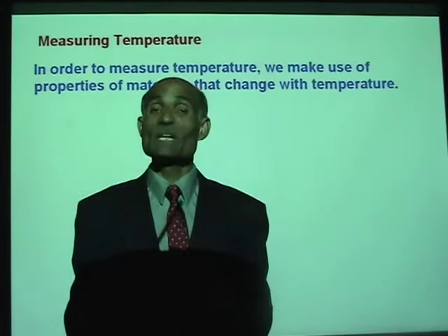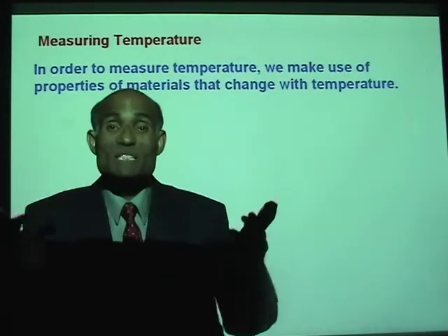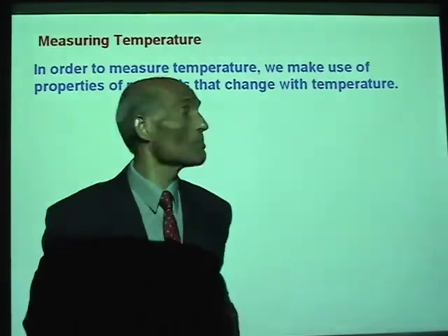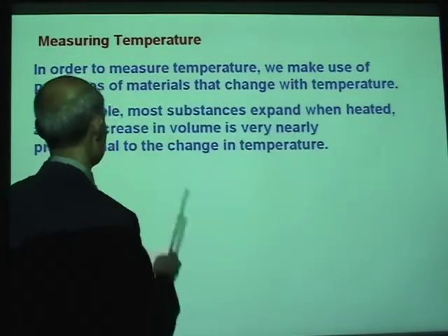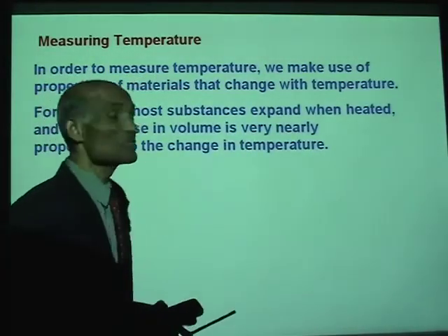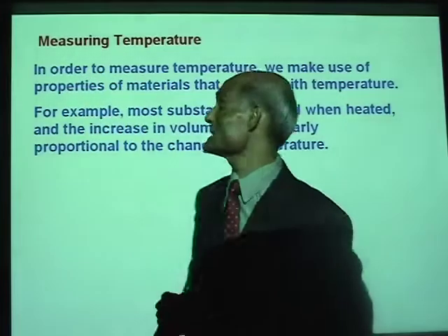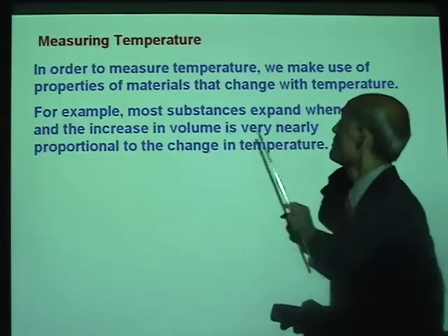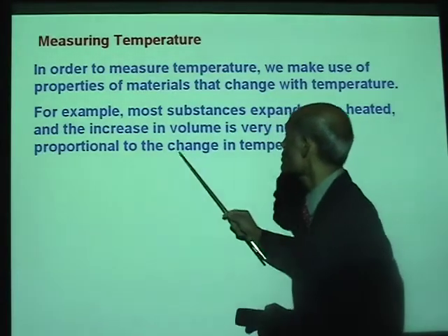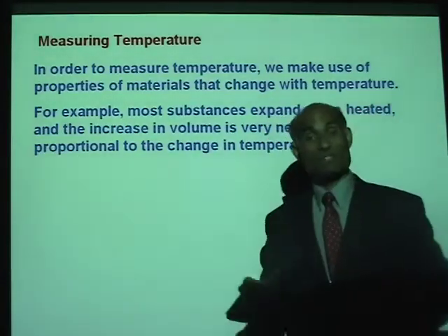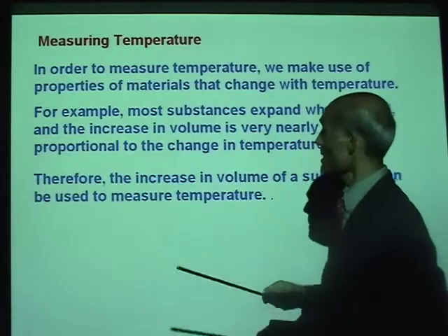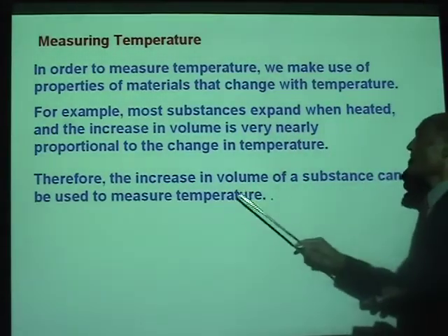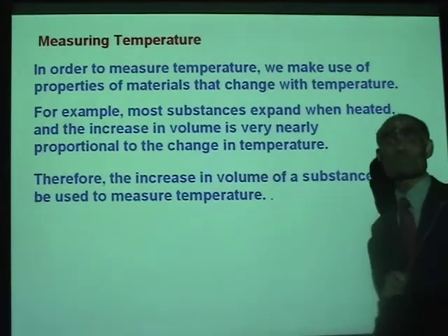Well, when heat is supplied, objects will expand. Is that right? So that property can be used to measure temperature. For example, most substances expand when heated, and therefore the increase in volume is very nearly proportional to the change in temperature, and as a result, the increase in volume of a substance can be used to measure temperature.